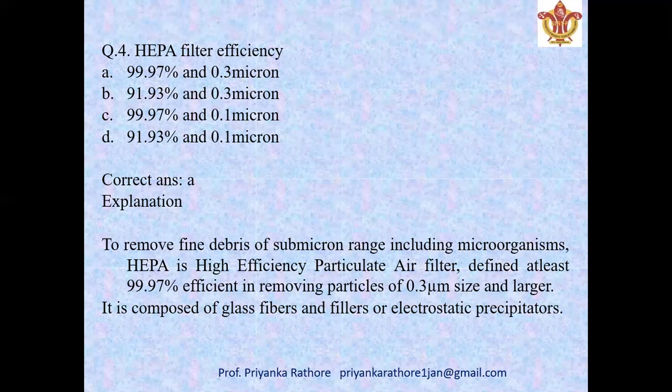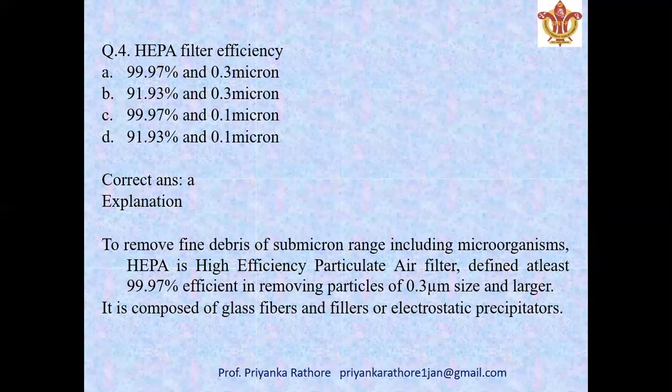It is having the efficiency in removing the particles of at least 99.97% efficient it is in removing the particles of 0.3 micron size and larger. ये इसका जो कंपोजिशन होता है, it is generally composed of glass fibers and fillers और electrostatic precipitator.